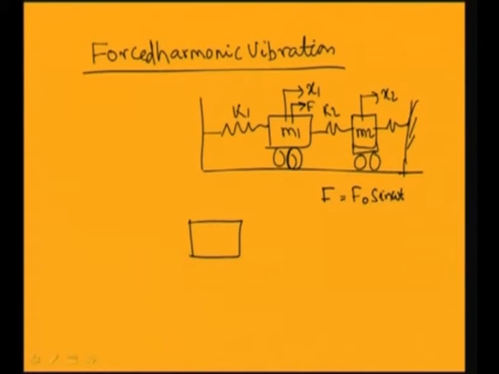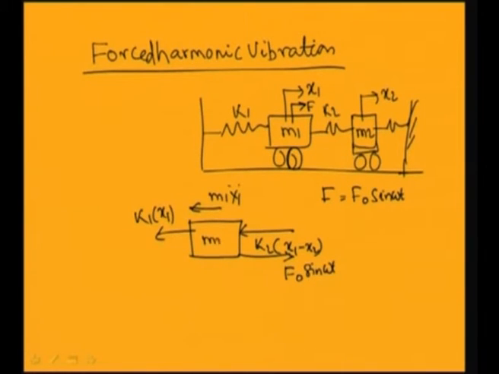In this case it will have an inertia force in this direction equal to M1 x1 double dot, and spring force K1 into x1, and this side you will have a spring force K2 into x1 minus x2. In addition to this it is subjected to an external force F, and this external force equals F0 sin omega t.